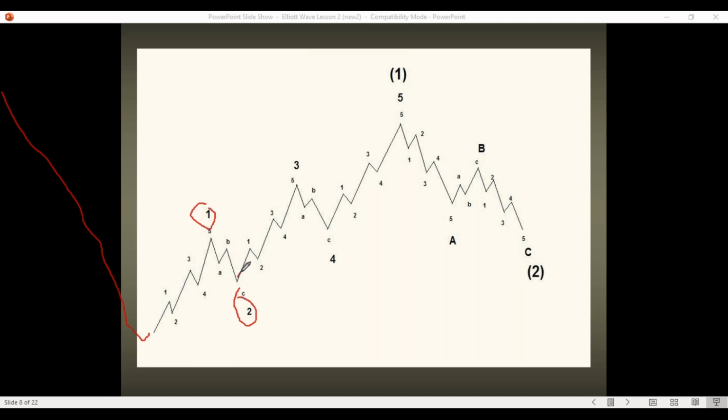In wave three, though, not only do you go to a higher high, now you've had that wave two higher low, but now the trend is starting to look like it's up. This is when you start to see companies blowing out their earnings reports. They said they were going to make $2 a share. They made $4.